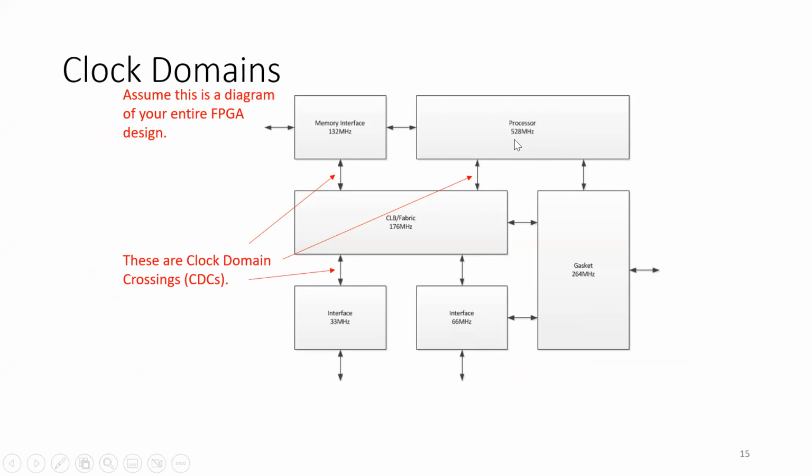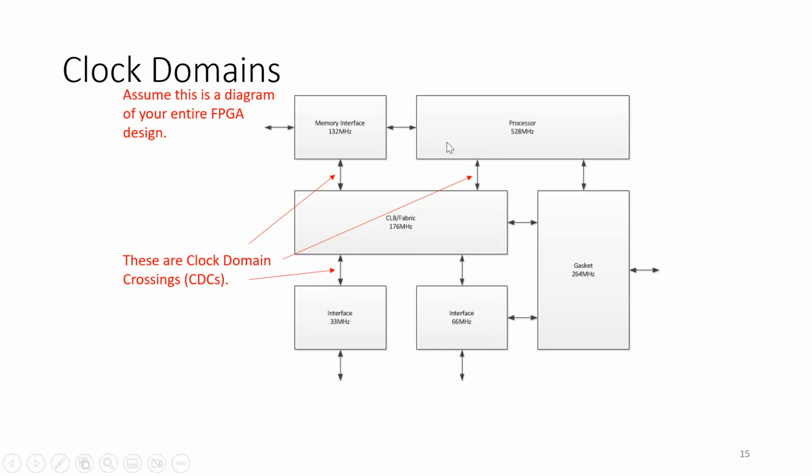You can see the processor is working at a speed of 528 megahertz, and it is speaking with the memory. Memory is not that fast. It works at a different clock, 132 megahertz. And I might be working with other peripherals, and each one may have different clocks. So each part will have a clock domain.